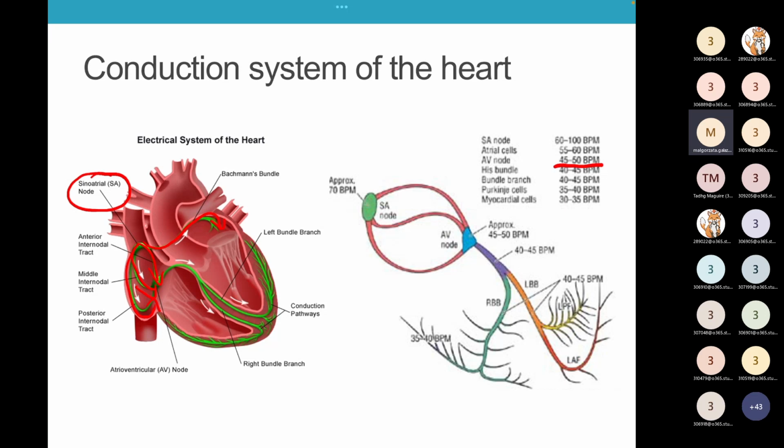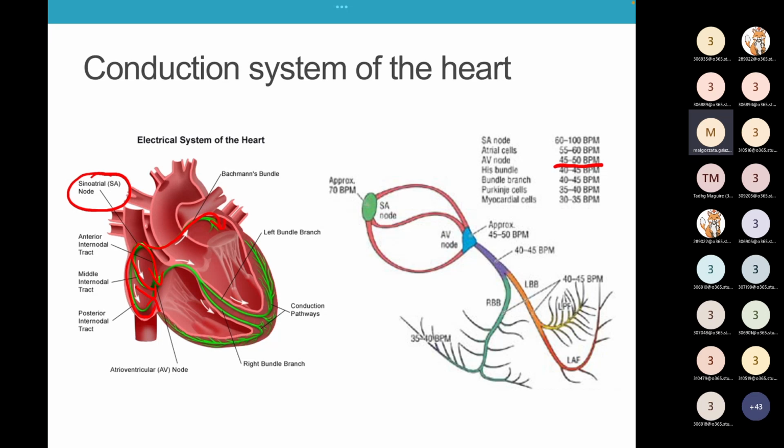In physiological conditions, this electrical activity of the AV node pacemaker cells is inhibited by the mechanism of overdrive suppression, and therefore the action potential which is generated in the SA node, the sinoatrial node, is the one which is responsible for the contraction of the cardiomyocytes.